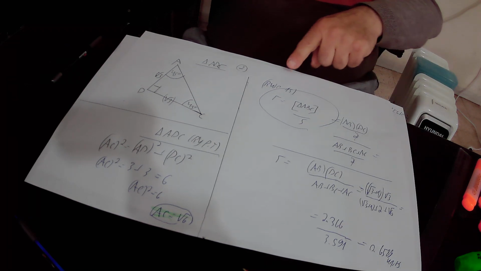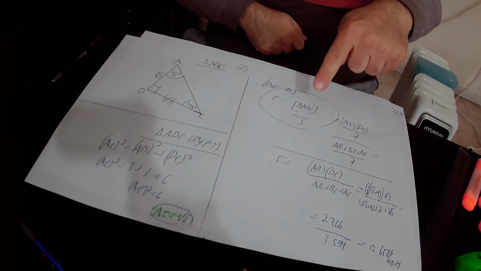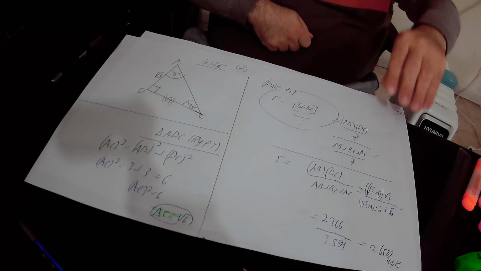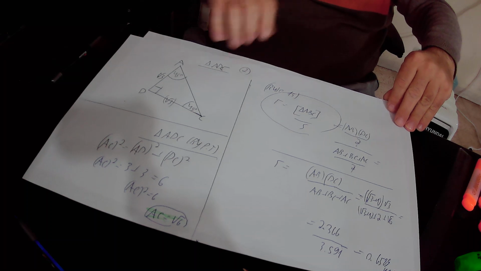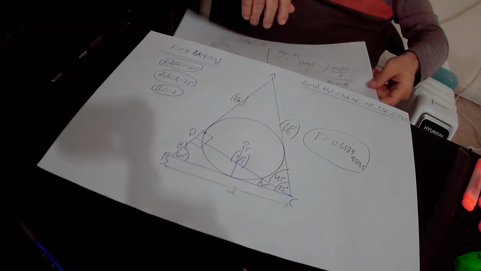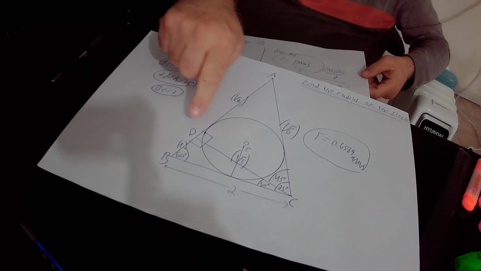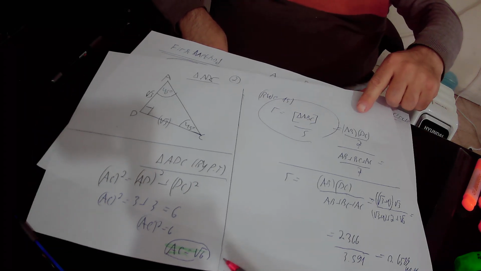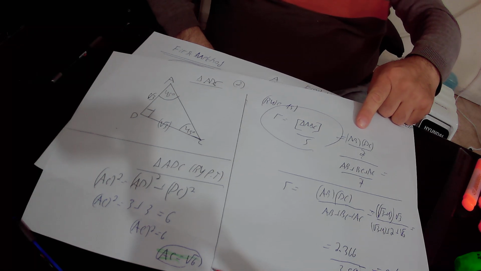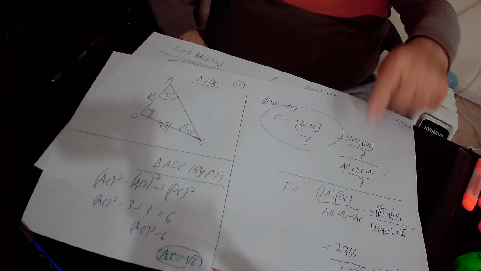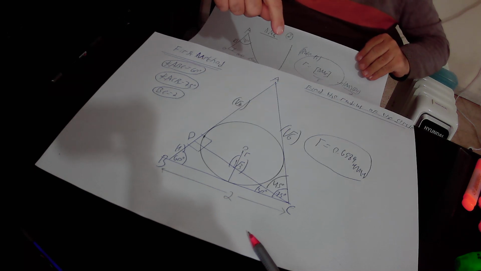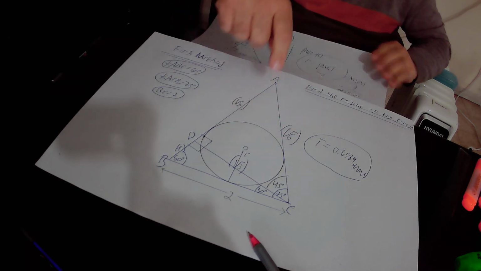The area of triangle ABC equals the base of the triangle, that is AB, times the height to the base, that is DC, over 2. All of this is over the semi-perimeter of triangle ABC. The semi-perimeter of triangle ABC equals the perimeter, that is AB plus BC plus AC, over 2.